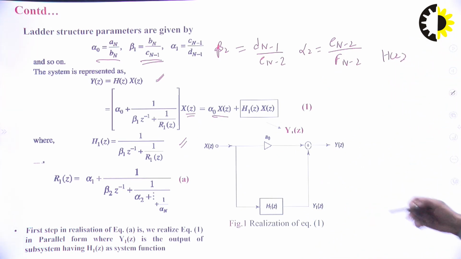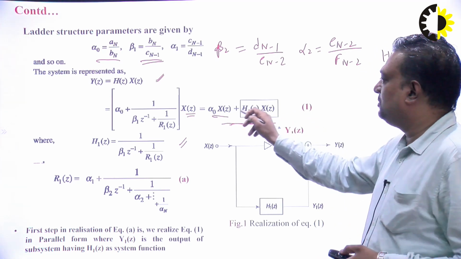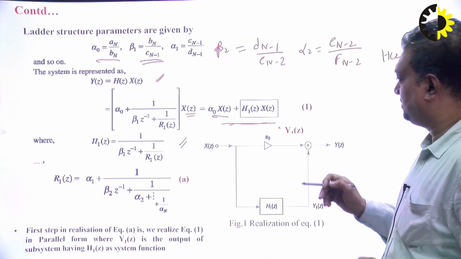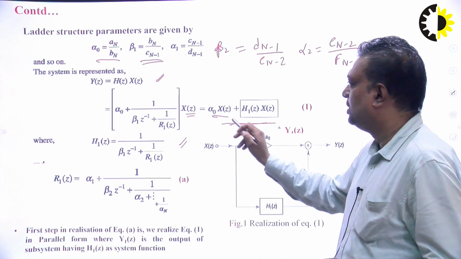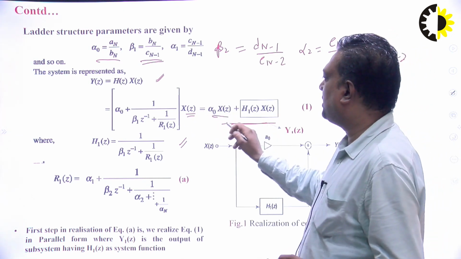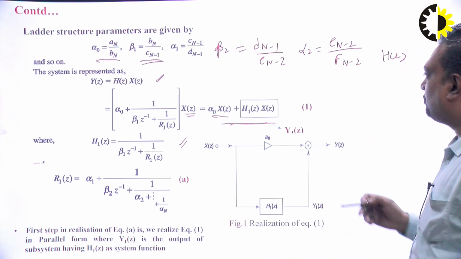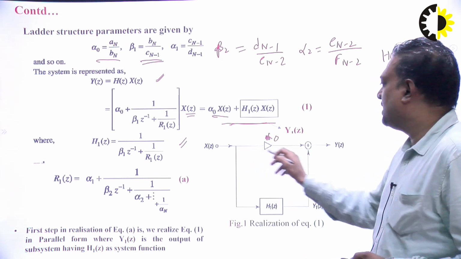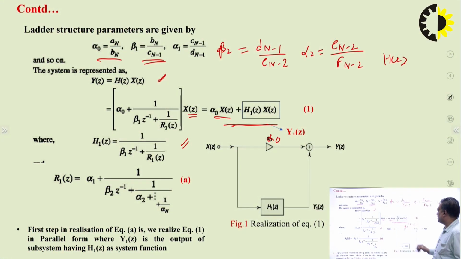Okay. Now if we have to realize equation 1, you can see there is a plus sign between these two values. So what we have to do basically is take its parallel realization, because we have to add up two subsystems. Okay. So Yz will be equal to alpha naught Xz, which is one subsystem, and h1z Xz, which is another subsystem. Okay. So how can we represent it like this? This is alpha naught Xz plus h1z times Xz, and let us suppose the output of this subsystem is y1z.